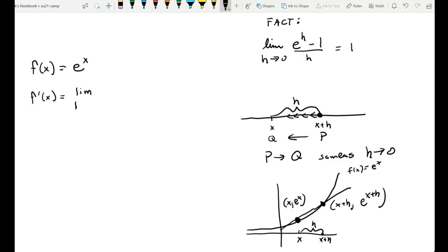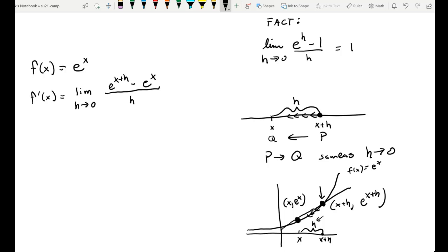Okay, so the slope of that secant line is the change in the y values, so one y value minus the other, divided by the change in the x values, which is just h, right? It's the difference between x and x plus h. And then we're going to let our point here approach the first one by letting h go to 0.